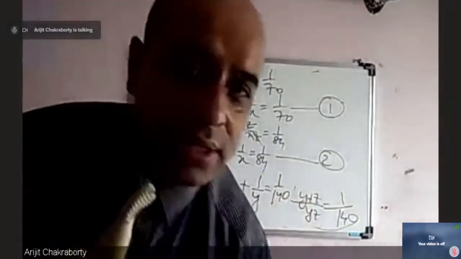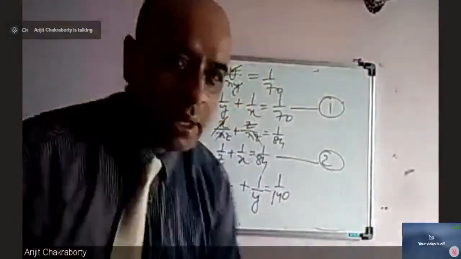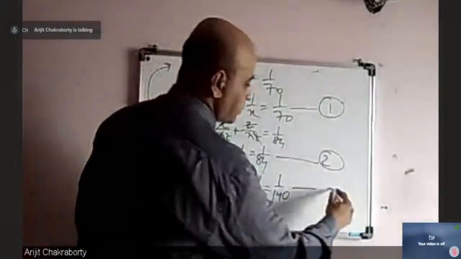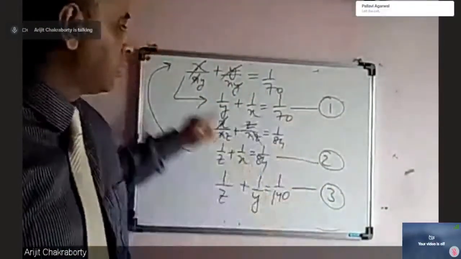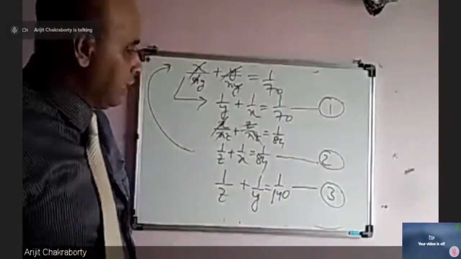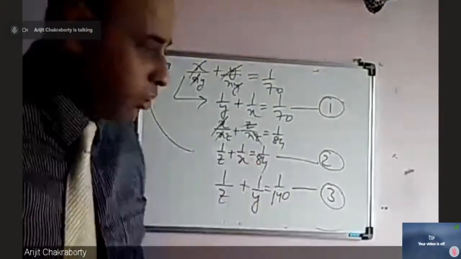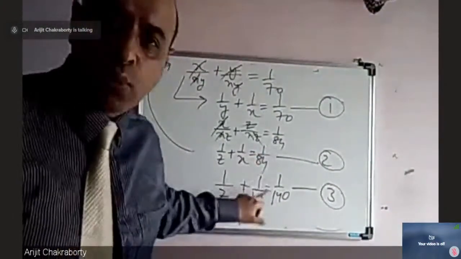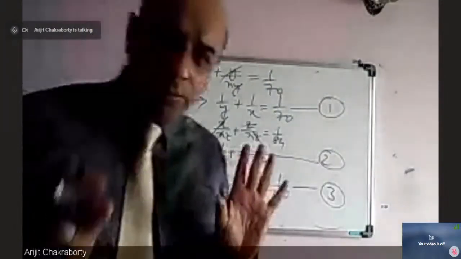Please do it yourself, you will get the same thing. So this is the third equation. First, second, third: 1/y plus 1/x equal to 1/70; 1/z plus 1/x equal to 1/84; and 1/z plus 1/y equal to 1/140. I hope it is clear till now.